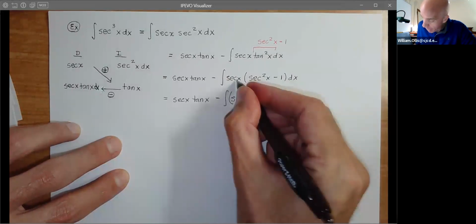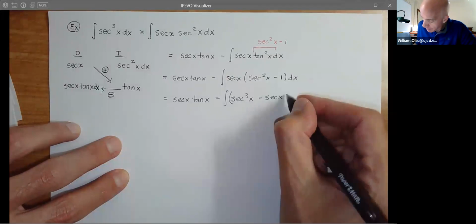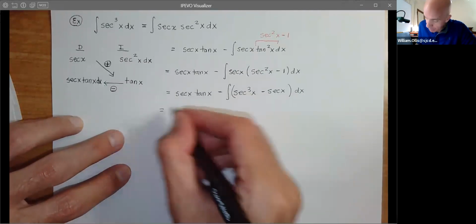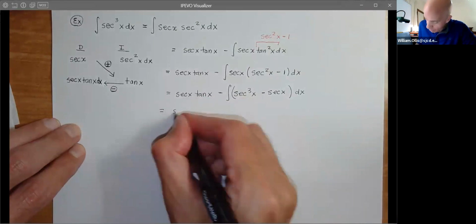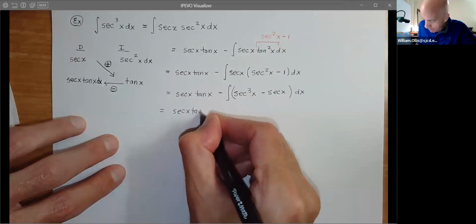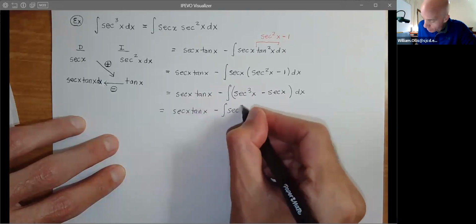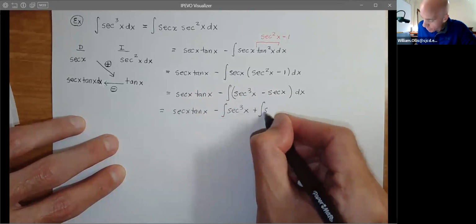And then we have a minus secant. So now we'll expand that. So this equals, and then I'll write it again at the end. So we have minus the integral of secant cubed, and plus the integral of secant, which we know.